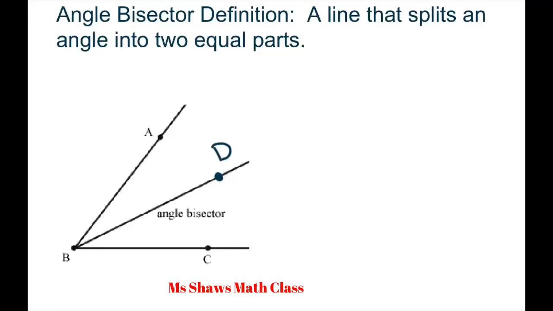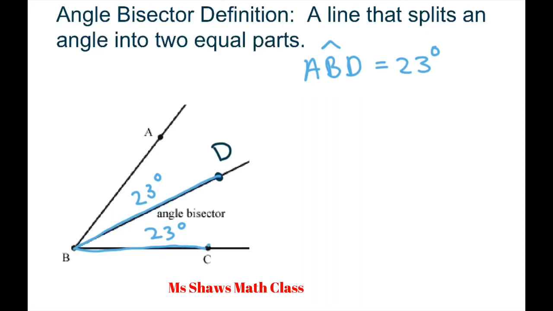Everyone, an angle bisector is a line that splits an angle into two equal parts. So for example, if I have 23 degrees, so angle ABD equals 23 degrees, then that would mean, since D is the angle bisector, that DBC is also 23 degrees.